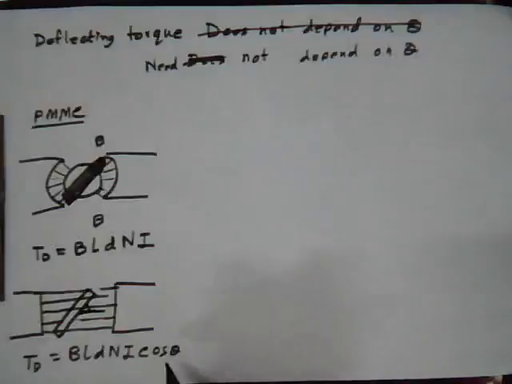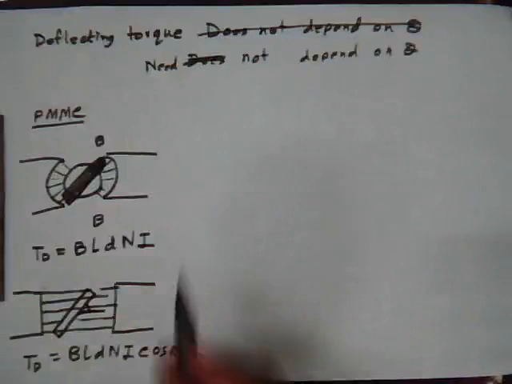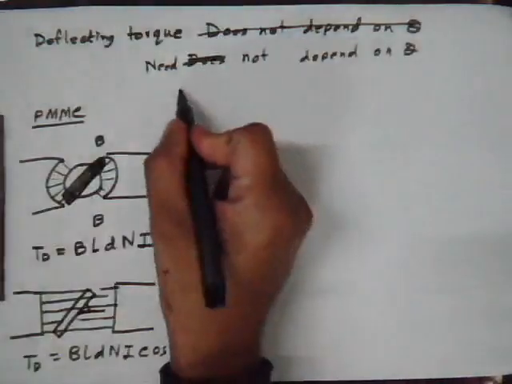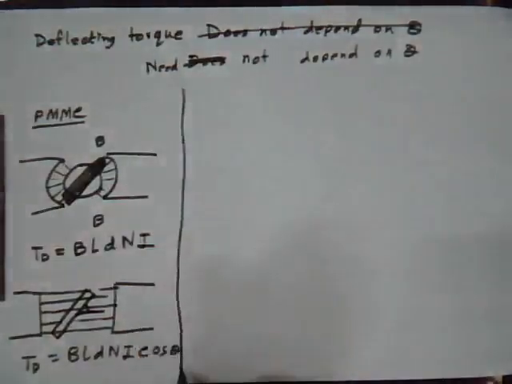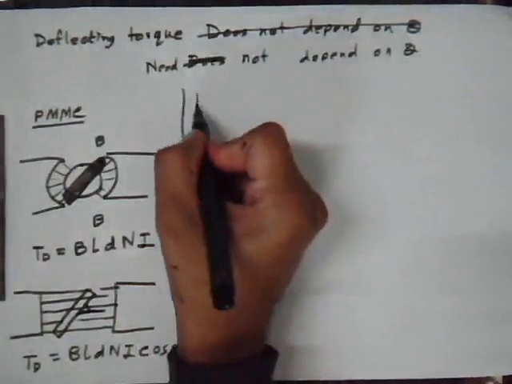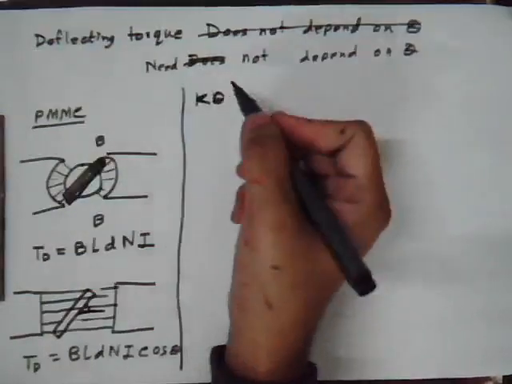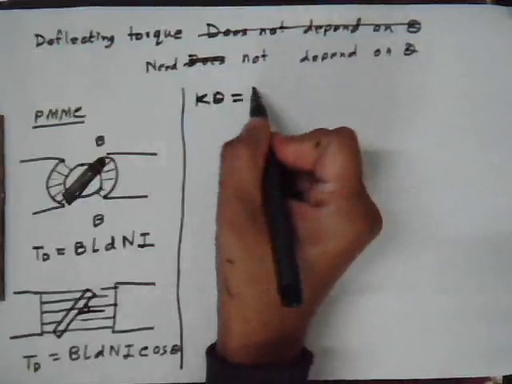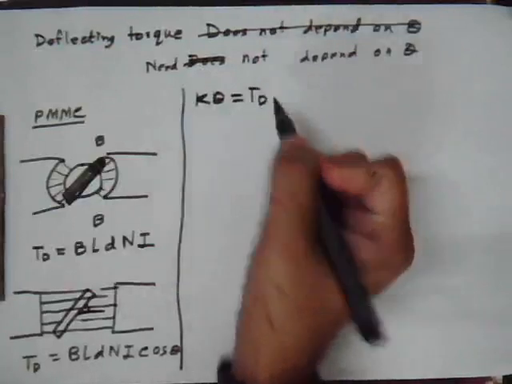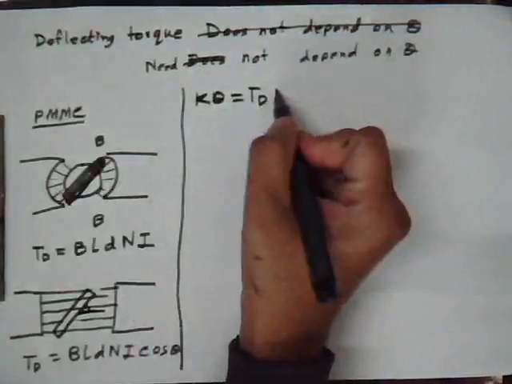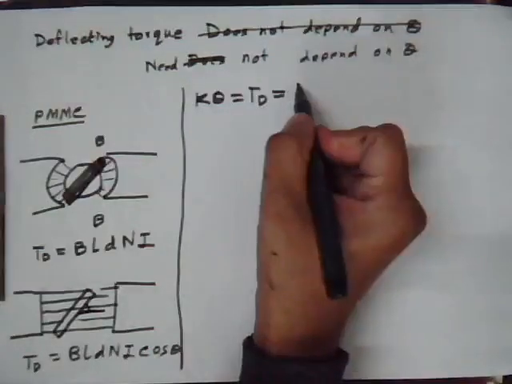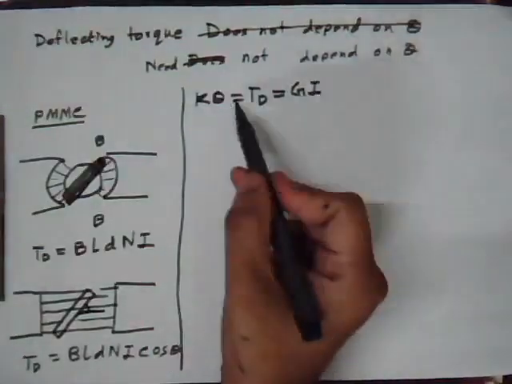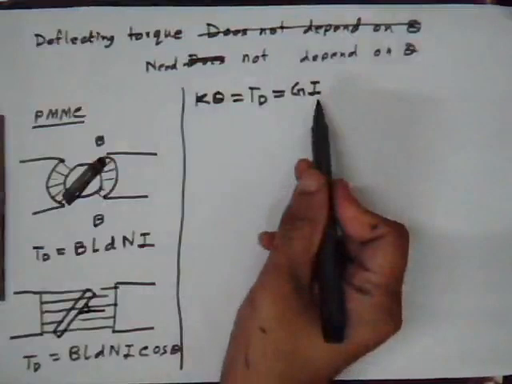Ideally we don't prefer this scheme compared to this. This is because we also saw that at equilibrium, k theta, which is the controlling torque, is equal to Td. In the first case, this is equal to some constant times I, and therefore the deflection is proportional to the current.